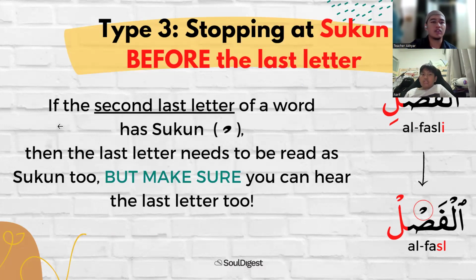If the second last letter of a word, for example the word al-fasli, has sukun, not the last one, then that letter needs to be read as sukun too. But the point here is to make sure that you can hear the last letter.